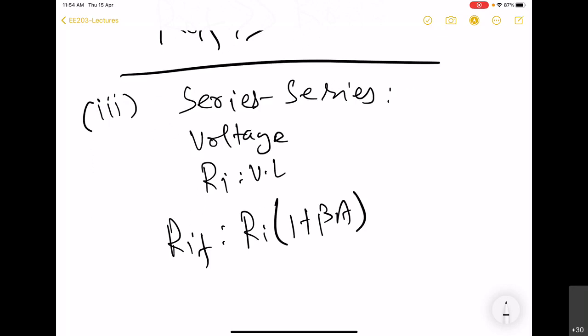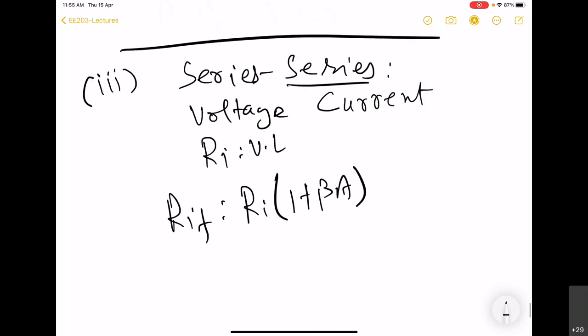So now here on the output side, we have series connection, right? That means on the output side, we must be tapping current. We must be dealing with current. So amplifier must be producing a current, or it should be like a current source. So that means the feedback network must also be sensing the current.